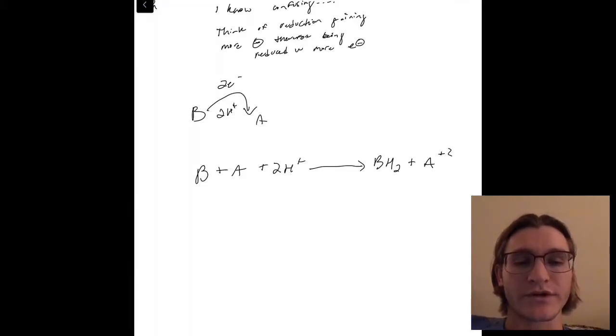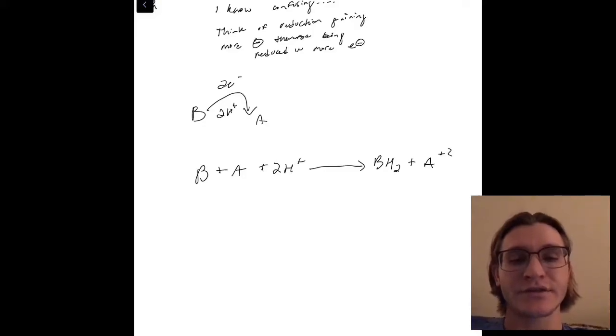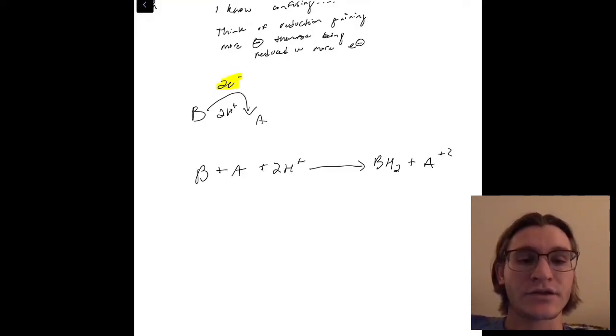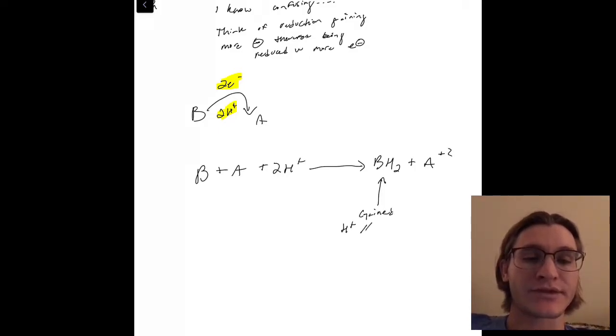Which one's which? B just gained hydrogens. A gained a 2+ charge, so it's almost as if it lost electrons. If it lost electrons, it would be OIL. Oil is for oxidized, so A plus 2 would be oxidized. BH2 just gained hydrogen and the electrons, therefore it is being reduced, because RIG is the gain of electrons.